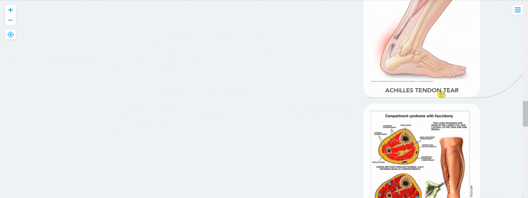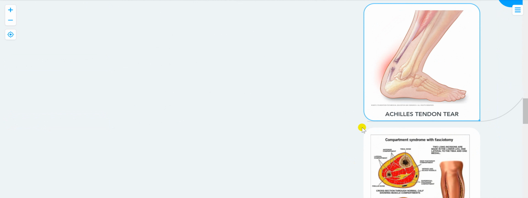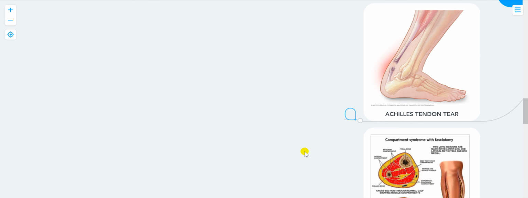Now, Achilles tendon tear, let's talk about that a little bit. From its name, it's an avulsion of the Achilles tendon. How does the patient present? Usually a loud pop, followed by limping, and the patient isn't able to plantar flex.